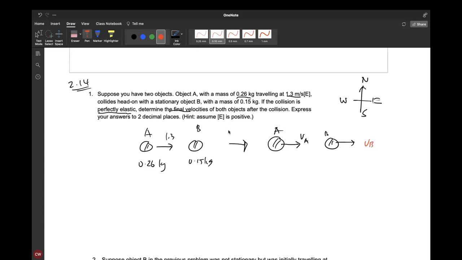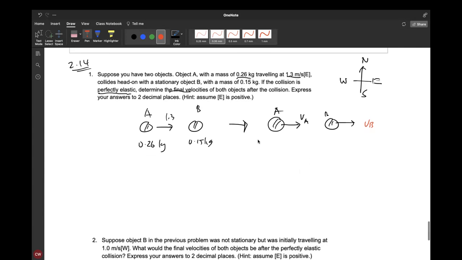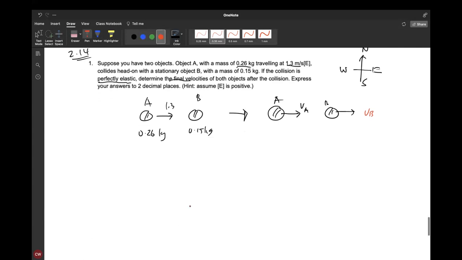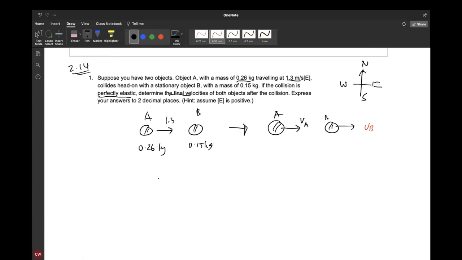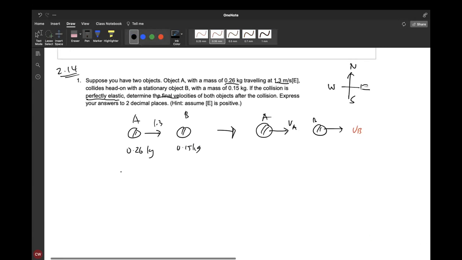So this is before and after, before collision and after collision. Normally we need to use the principle of conservation of momentum. M1 U1 plus M2 U2 is equal to M1 V1 plus M2 V2.